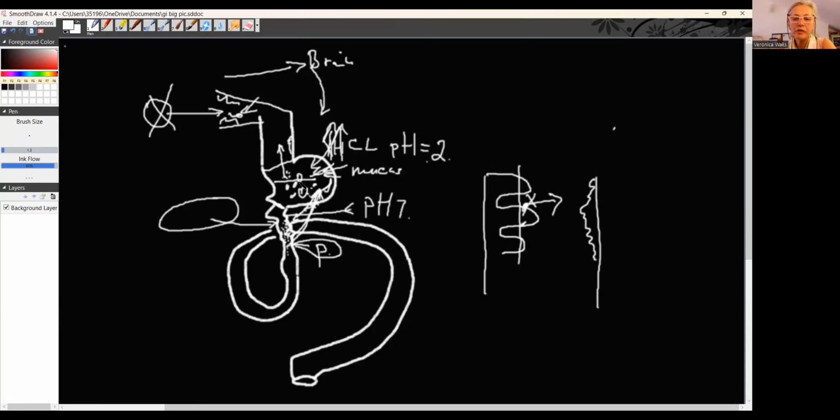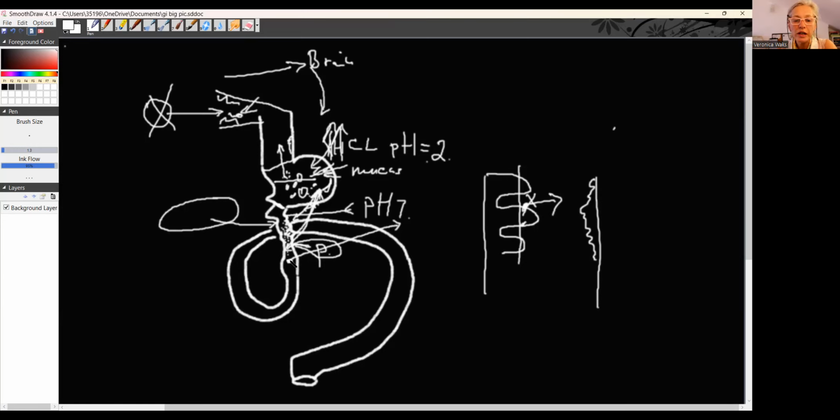Also, the purpose of the secretin is the production from the pancreas of pancreatic juices, to make sure that you create an osmotic gradient here to absorb the water from the small intestine into the bloodstream.